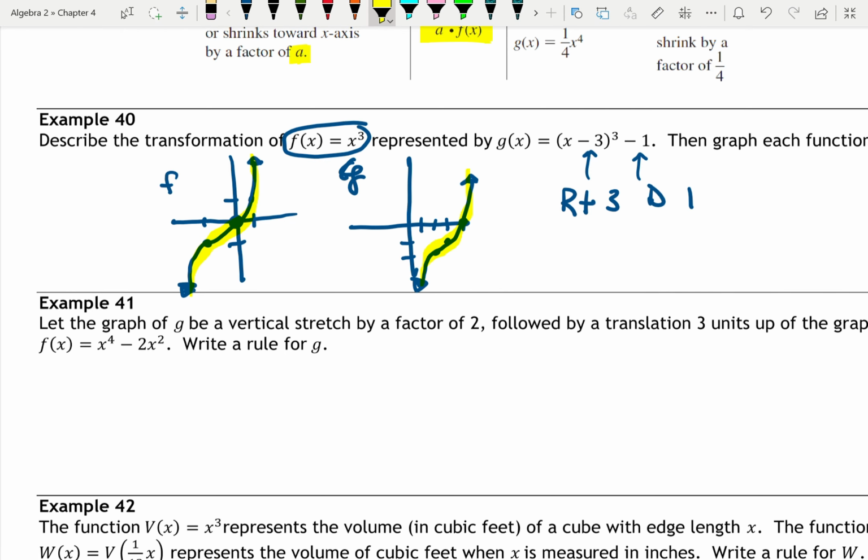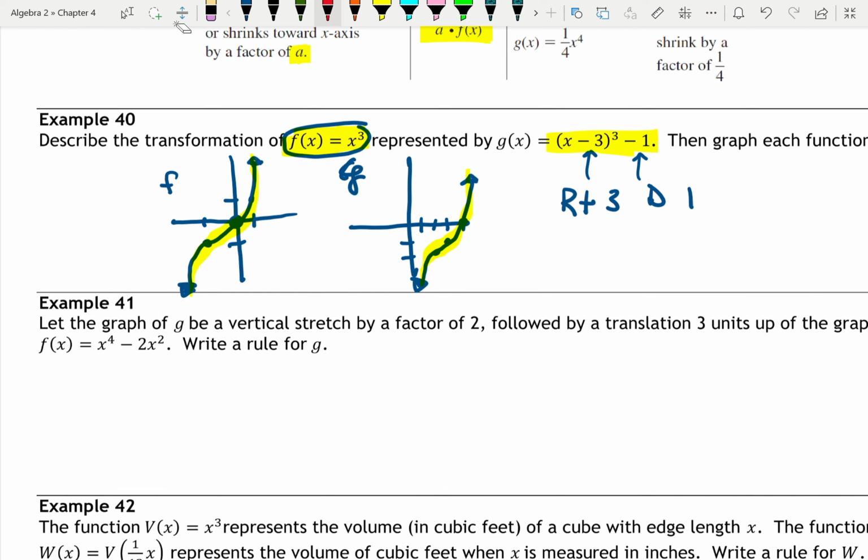If you have a graphing calculator, that'd be a great thing to type in. Just plain old x cubed, and then the quantity x minus 3 cubed, and then minus 1. On tests, on quizzes, you can expect at least one problem something like this, where it asks you just to describe the transformation. Because we want to make sure that we know those left, right, up, down rules, and then also the vertical stretch and shrinks.